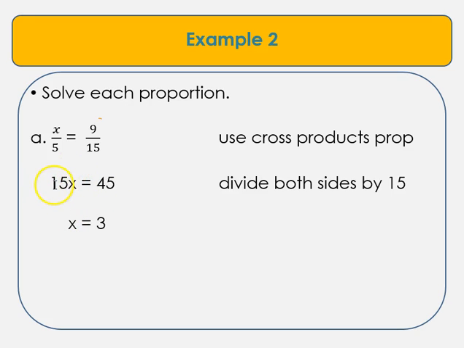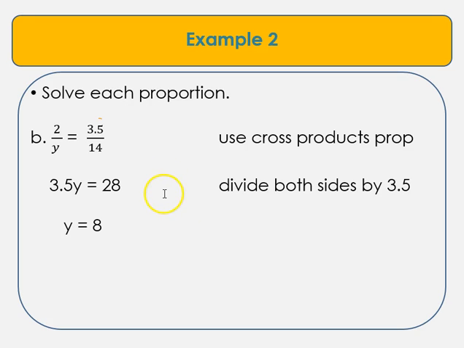We look for our least common denominator, and we find that we can divide, and I always try to divide by whatever is next to x and see if it'll work. So you know that x is your goal, so that is your best bet. So we're going to divide both sides by 15, and 45 divided by 15 is 3.